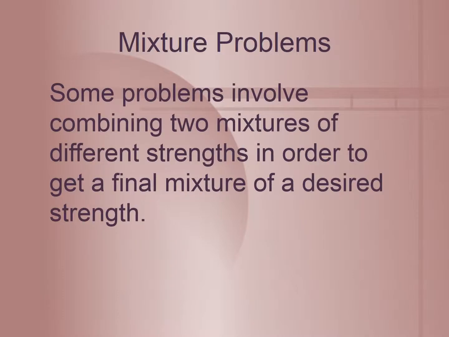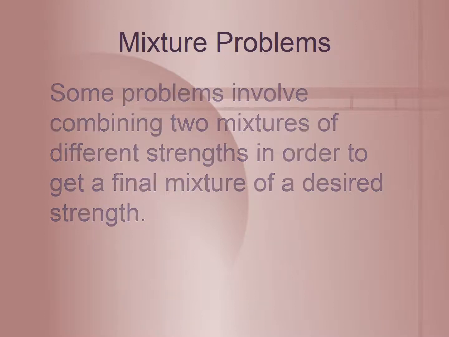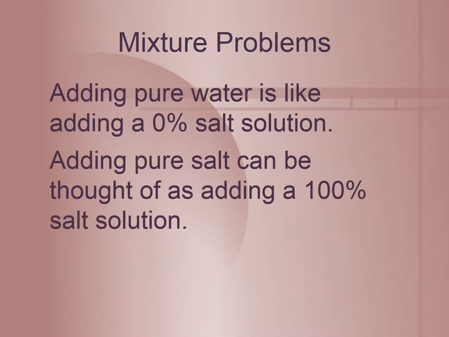Okay, so some problems in mixtures, you combine two different strengths to get a final mixture, right? So something that you should know is that if you're adding something that's pure, if you're adding pure water, that's the same as saying 0% salt.